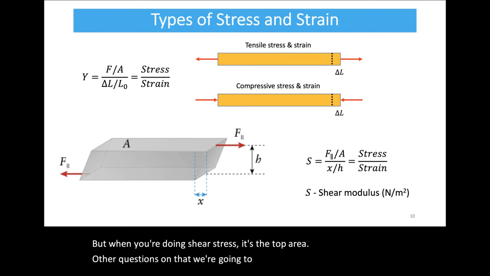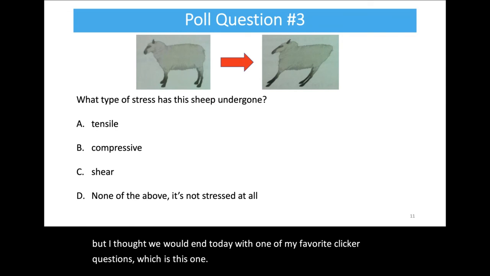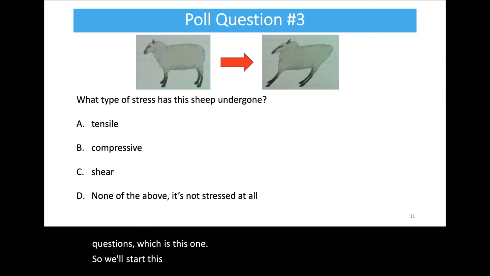We're going to do an example of this next time, but I thought we would end today with one of my favorite clicker questions, which is this one. So we'll start this one going. Here we have a sheep.